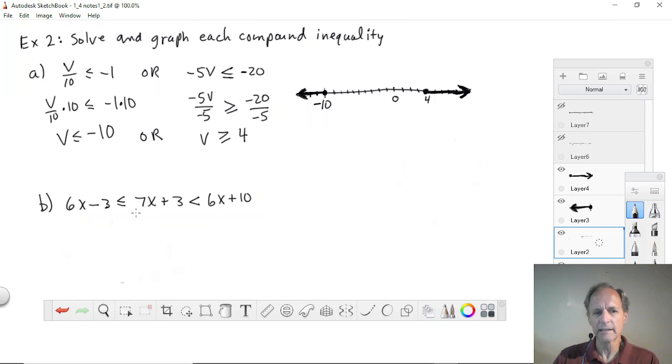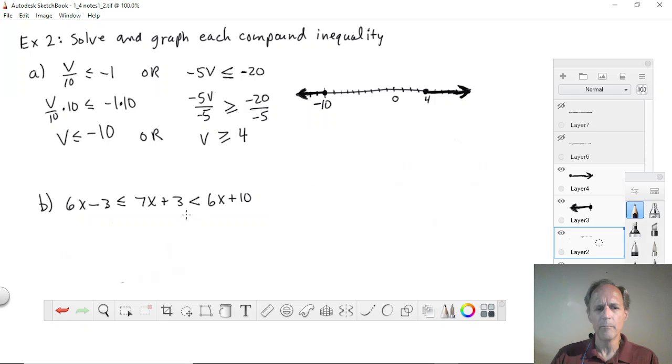We've just got an expression in between two other expressions, and we're saying the first one is less than or equal to the one in the middle, which is less than another one. But this is actually an and. We're saying 6x minus 3 is less than or equal to 7x plus 3, and 7x plus 3 is less than 6x plus 10.